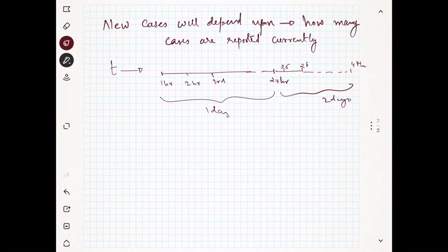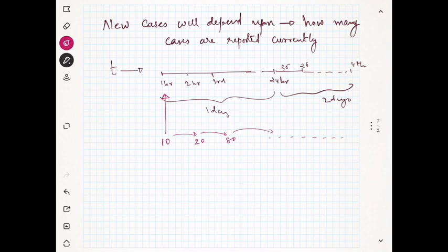Now suppose at the beginning there are 10 cases, and in the second hour it may spread to maybe 20 cases, and then some 80 cases, something like this.